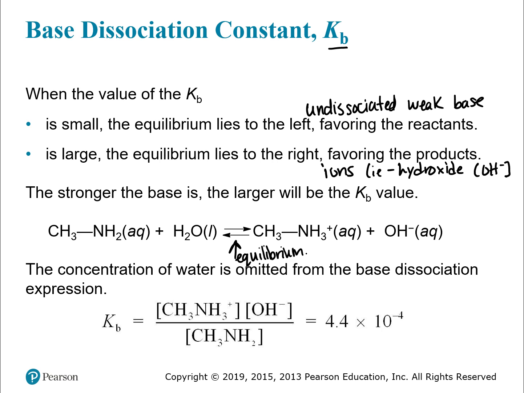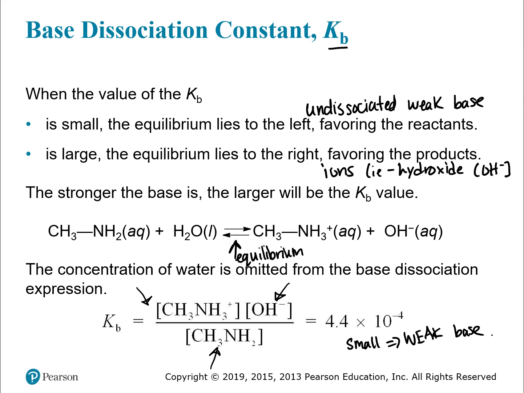Notice how for the Kb expression, the concentration of water is omitted. So we've only got the products up here, and then we have the one reactant. We do not include water here. And 4.4 times 10 to the minus 4th, that is small. So that means you have a weak base.